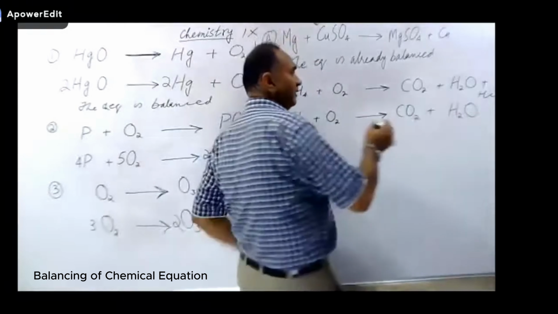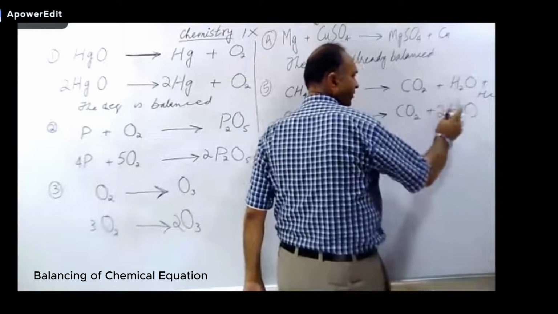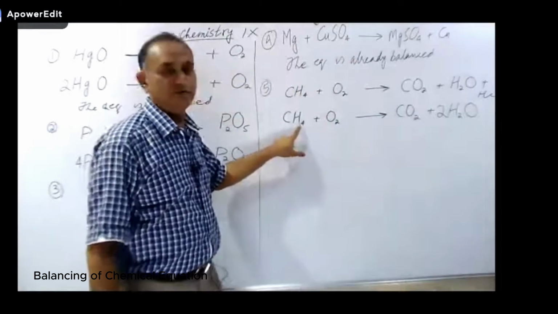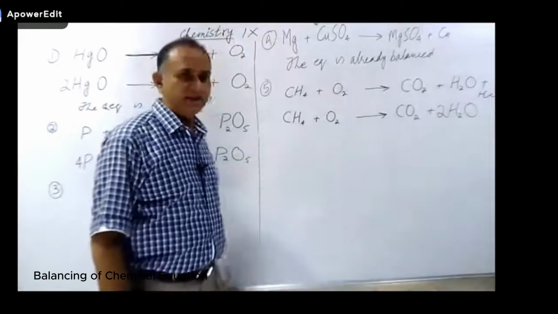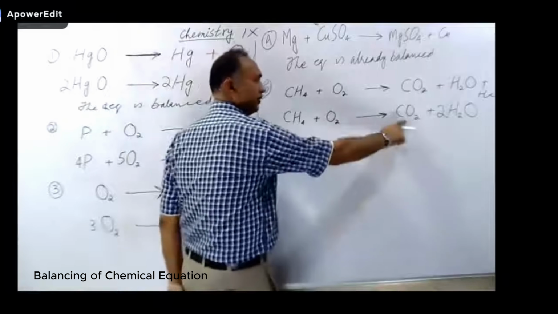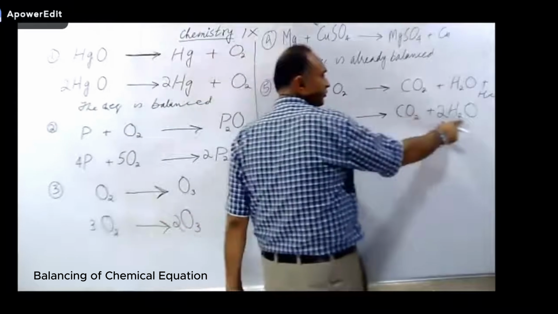Correct. We'll write 2 over here so that it will become 2 times 2, which is 4 hydrogens, and 4 hydrogens. Hydrogens balanced. Now see again, one carbon, 4 hydrogens, 4 hydrogens.